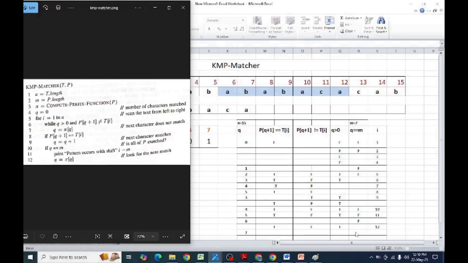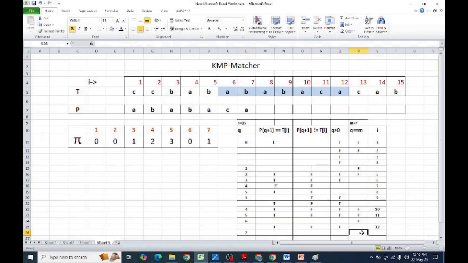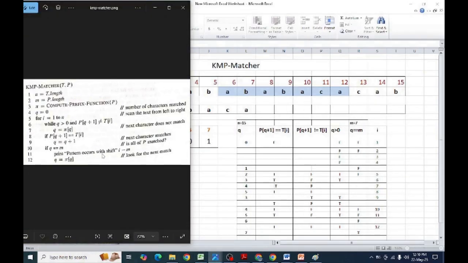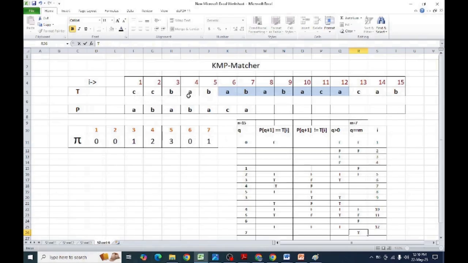So Q equal to M is true now, so this statement will work. Pattern occurs with shift I minus m. What is I? I is 12 and our m is 7. So 12 minus 7, that is 5 shifts. Let us check: 0, 1, 2, 3, 4, 5. So at the 5th shift we found a match.